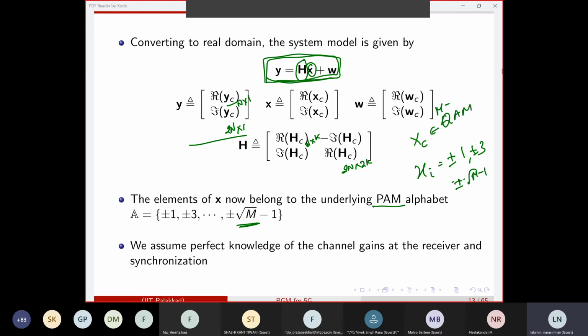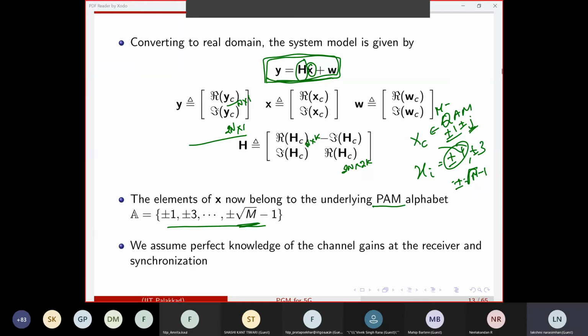If it belongs to m-QAM, then along the real axis we have root m values, and along the imaginary axis we have another root m values. So when these QAM constellation points are observed along one particular axis, either the real axis or the imaginary axis, we get the PAM signals.